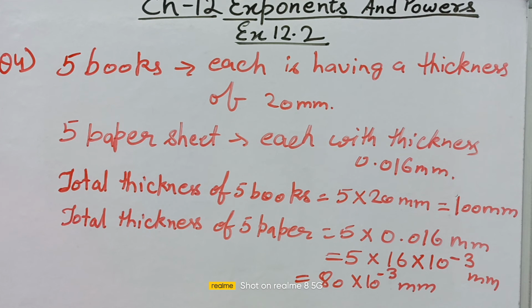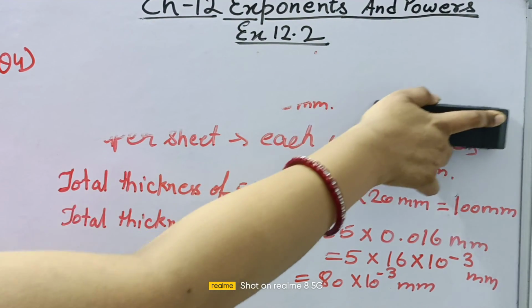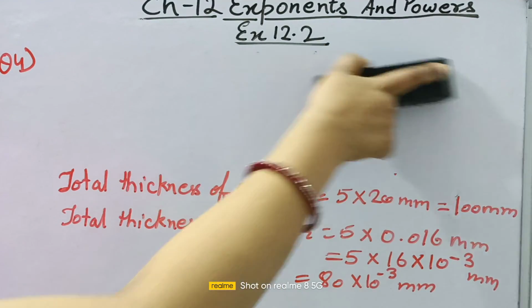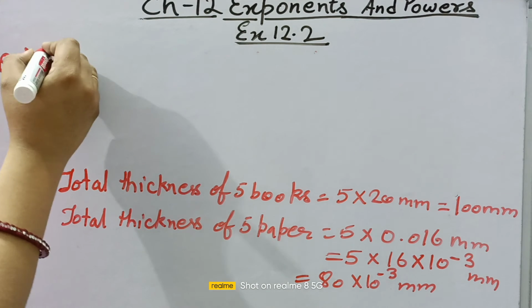Now what we have to find? We have to find total thickness of the stack. Now stack is containing both 5 books and 5 paper sheets. So what will be the total thickness of stack?